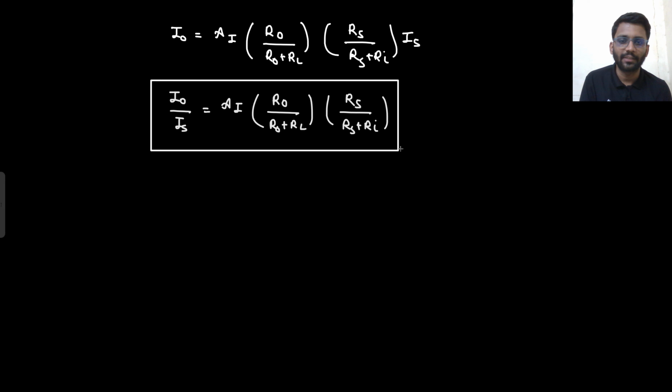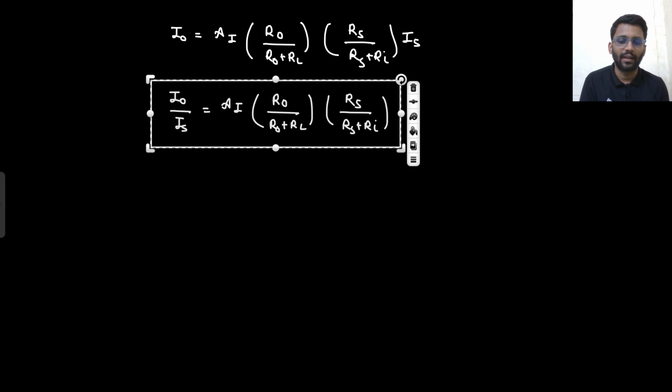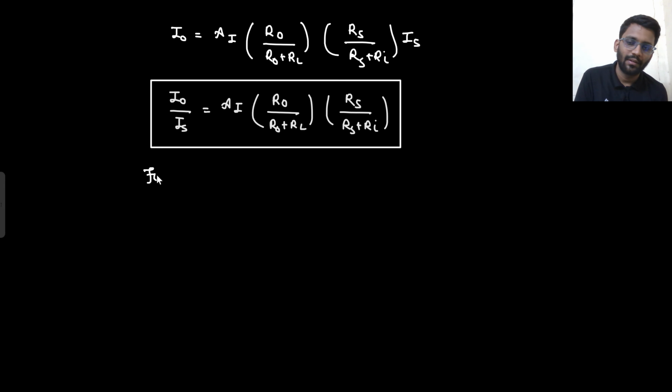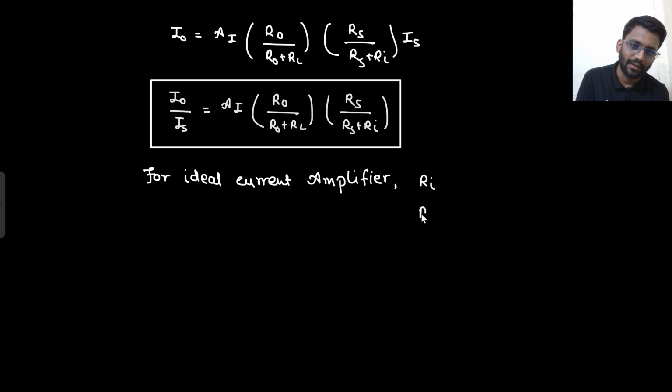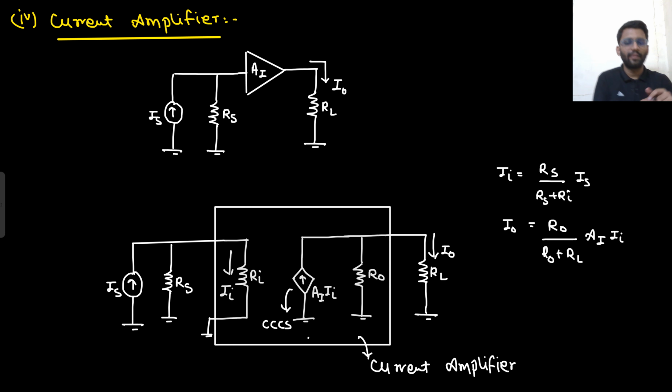Now without looking at the expression, tell me what should be the value of Rin and R naught for an ideal current amplifier. What should be the value of Rin? If Rin is as low as possible, then maximum current will be coming.